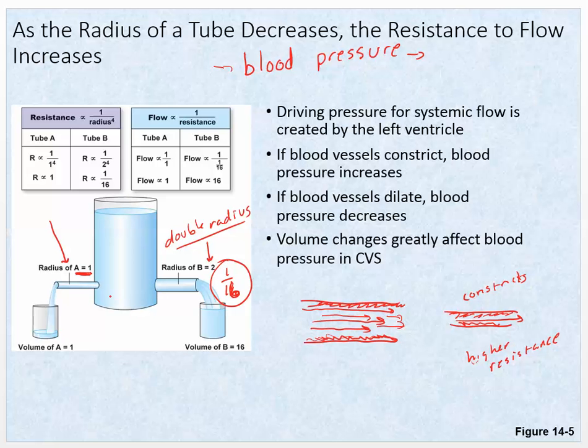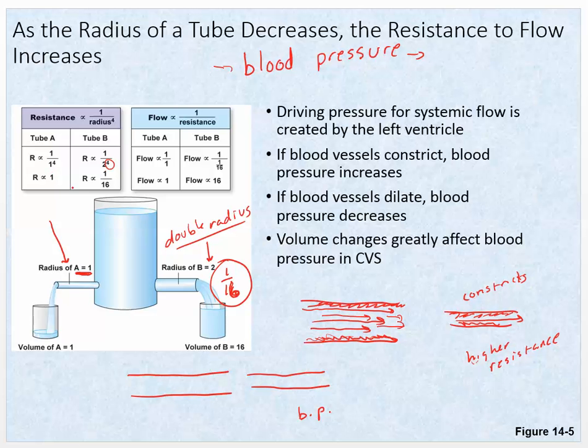This means that, and this is the important thing, that constricting or dilating your blood vessels by just a little bit has a major effect on blood pressure. Okay, because it changes the resistance so dramatically, not just a 1-to-1 ratio, but 1 over 2 to the 4th in this case. Okay, so it's always going to be something to the 4th.